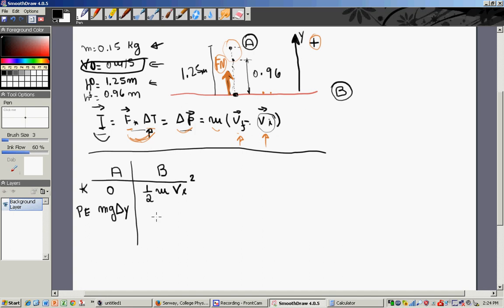At point B, which is my ground level, gravitational potential energy is 0. Those are the only two energies I have in this type of problem, because I don't have springs, I don't have tensions doing work, I don't have frictions, that's it. So then I go and replace all of that by numbers.